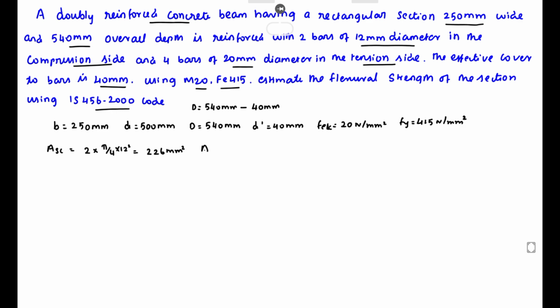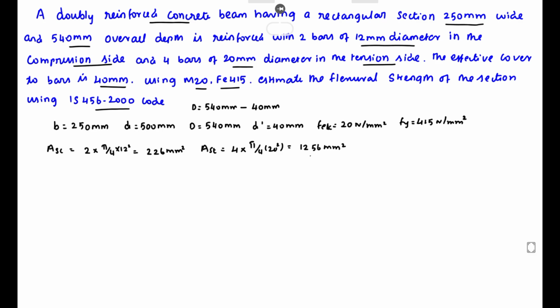Next, the area of the tension zone, Ast, equal to 4 numbers of 20 mm dia bars, so pi by 4 into 20 square. Solving this we get the value of 1256 mm square. So these are all the given values.